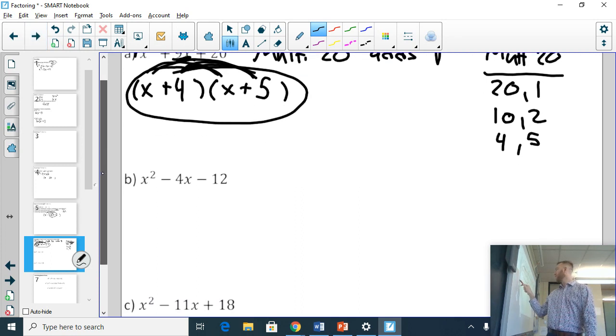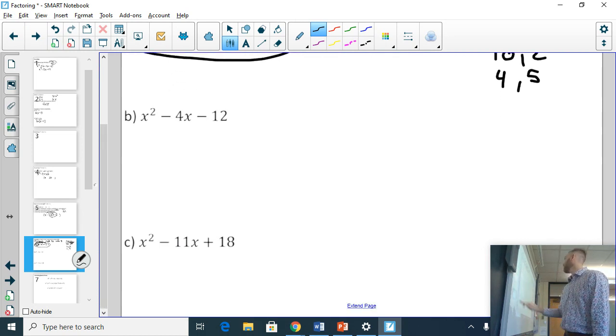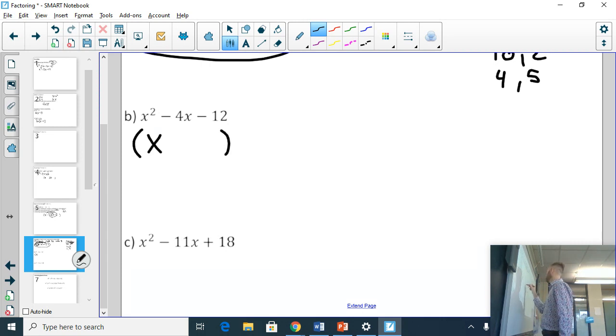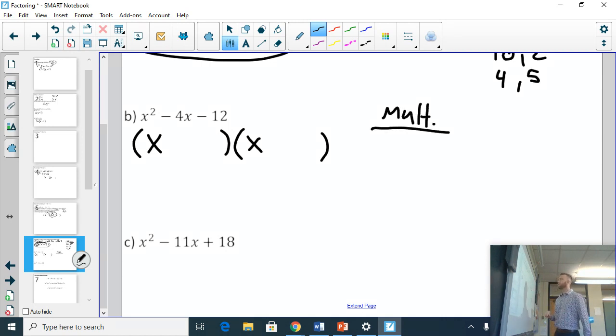So now we have a similar one here. I see that invisible 1 in front of that x squared. I'm just immediately going to set it up. And now we need to multiply to -12 and add to -4.